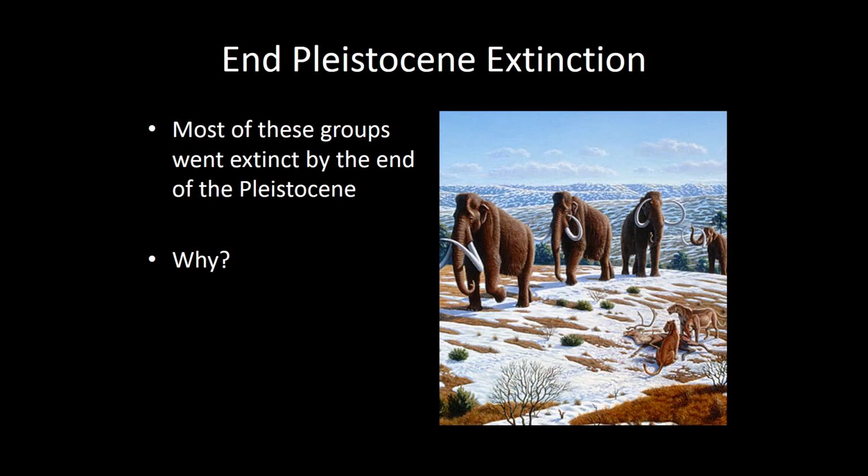Why? Well, we're not totally sure. Let's go through some hypotheses. What are some of the hypotheses that you have in your head? You might be thinking that we just said that throughout this time we go through glacial and interglacial periods. That would mean that if these organisms that really are able to thrive in cold weather are all of a sudden experiencing an interglacial period, maybe they're not doing so well.